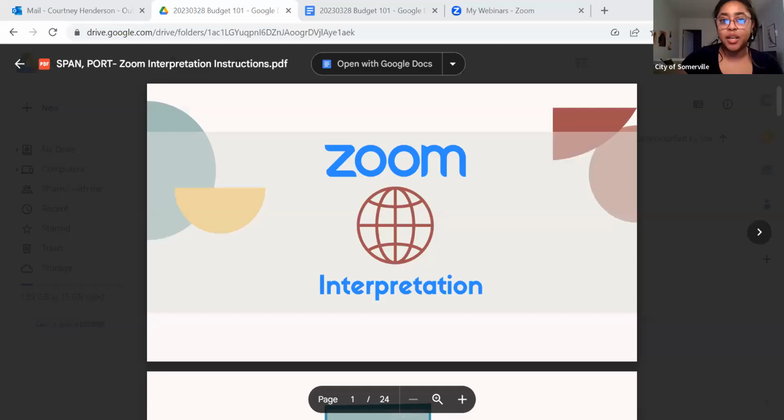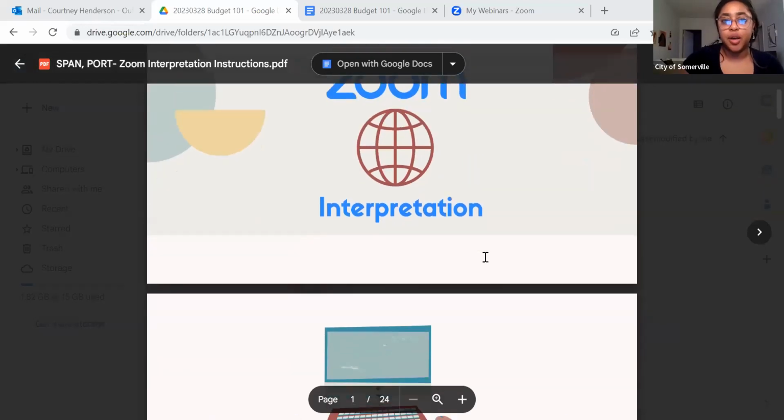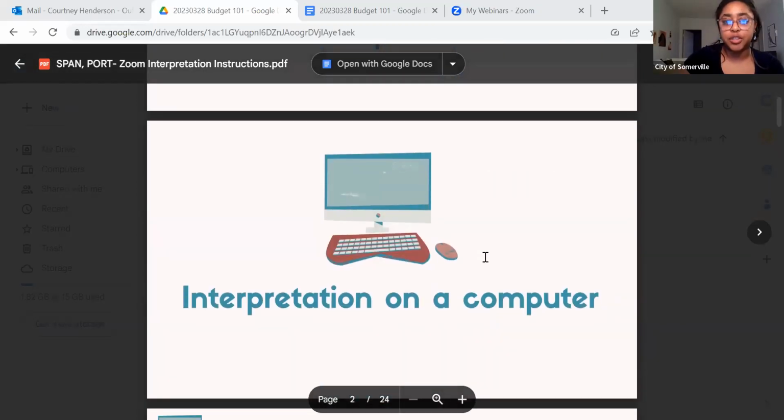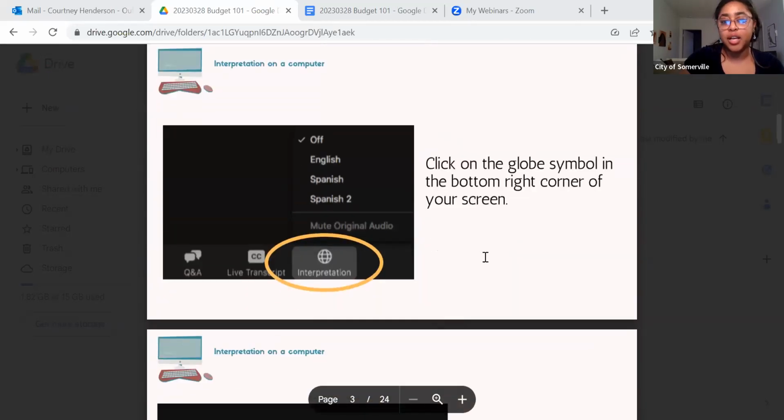I'm going to take some time to go over some instructions on how to get into the interpretation rooms. I will share my screen shortly. For those who are joining in and needing interpretation, here are the instructions on how to access that on your computer. I will also scroll down so that the instructions are also in another language.